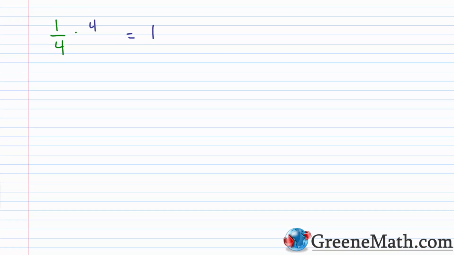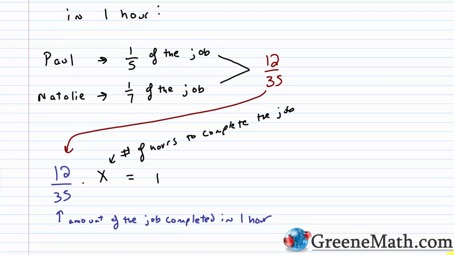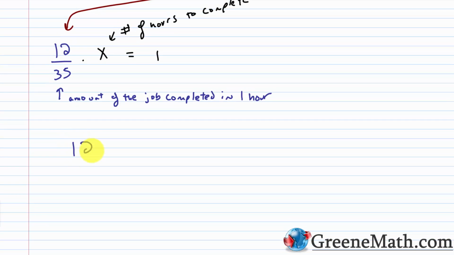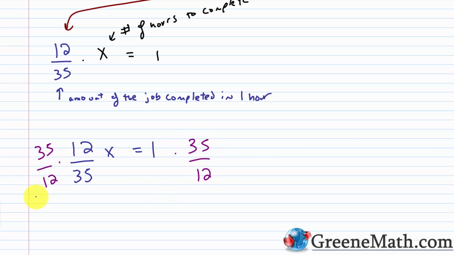Okay, so let's go back up. And now all we need to do is solve this very simple equation. If I have 12/35 x is equal to 1, all I need to do is multiply both sides by the reciprocal. Multiply this by 35/12 and this by 35/12. And I'm going to get what? This is going to cancel. I'll have x is equal to 35/12.